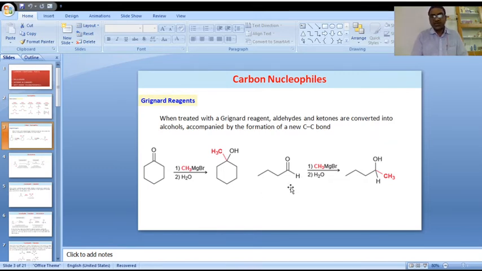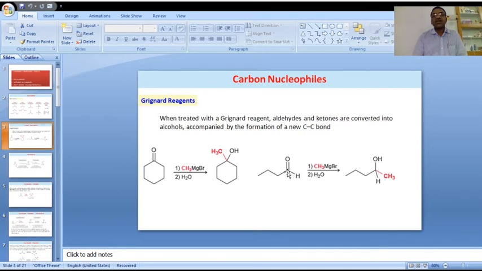Now let us go to the second example. It is for aldehydes. Here please observe the terminal carbon in a normal chain: 1, 2, 3, 4 carbons containing an aldehyde, that is butanal.